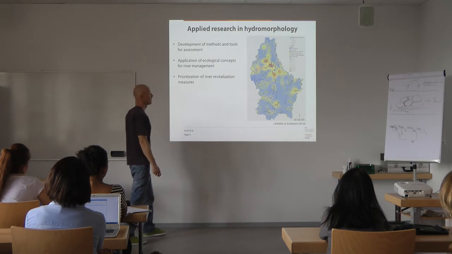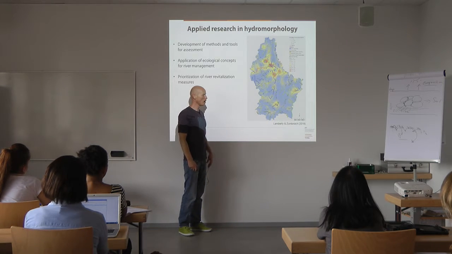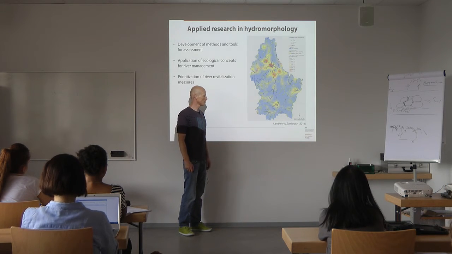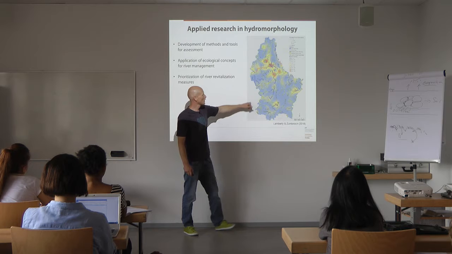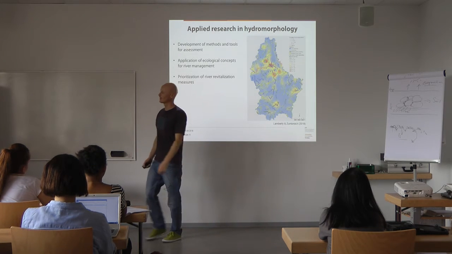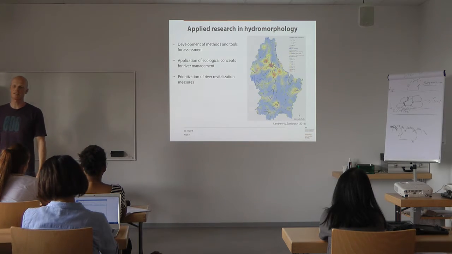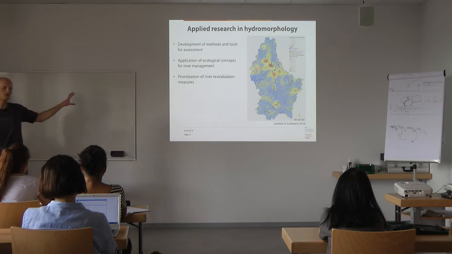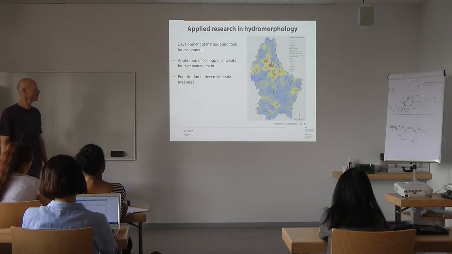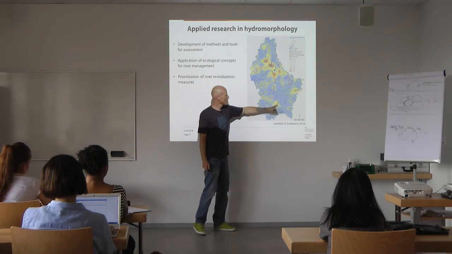This is a map from Luxembourg, where we are involved in the river basin management, which shows more or less the hotspots of ecological stress, let's say. So these maps are used by the authorities to focus their investments.